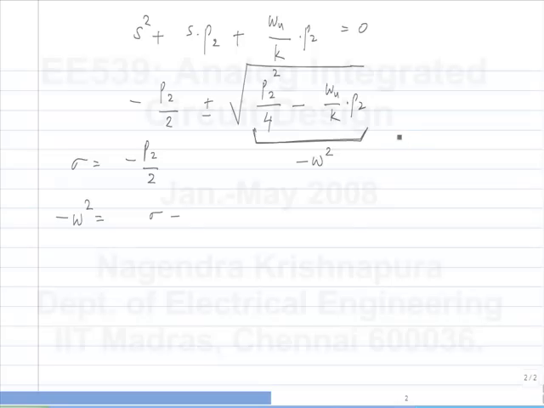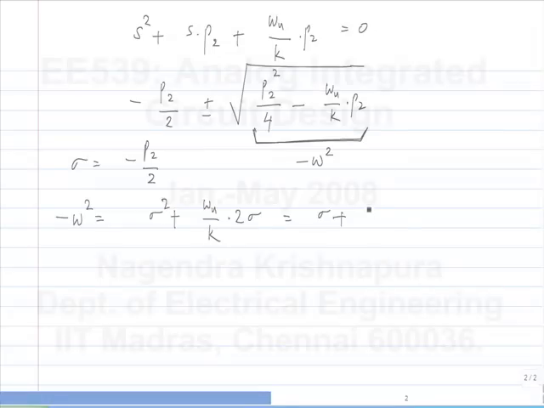What's that? Sigma square plus? Oh yeah, this is minus P2 by 2. Sorry, that's correct. Yeah, that's right. I messed up the normalization.